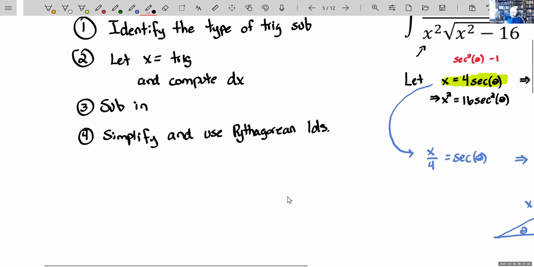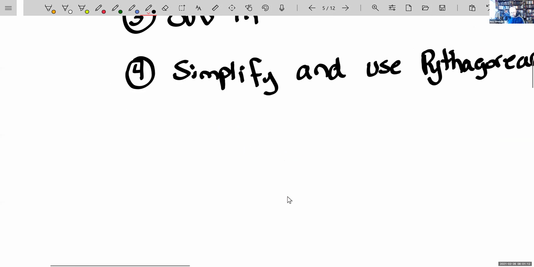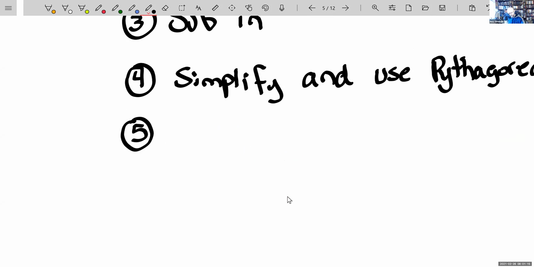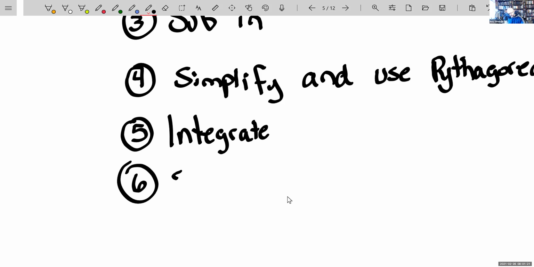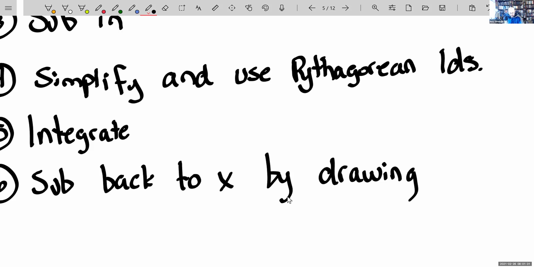And then once you're done with that, you should be able to integrate. So I'll just write integrate. And at the end, sub back to x by drawing a triangle for your original sub.